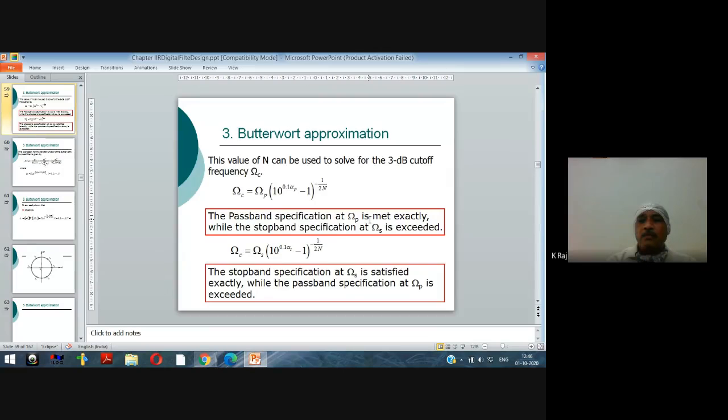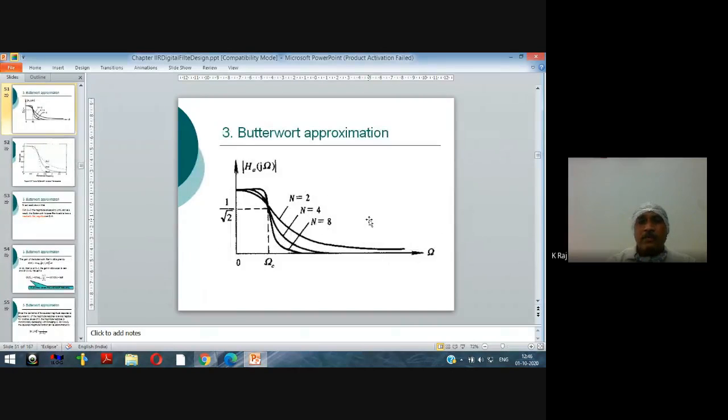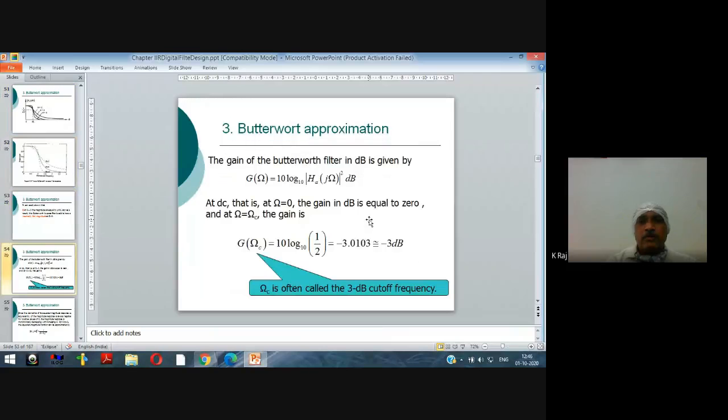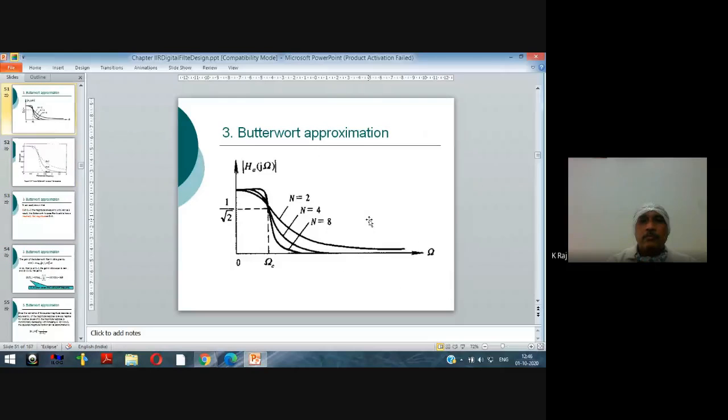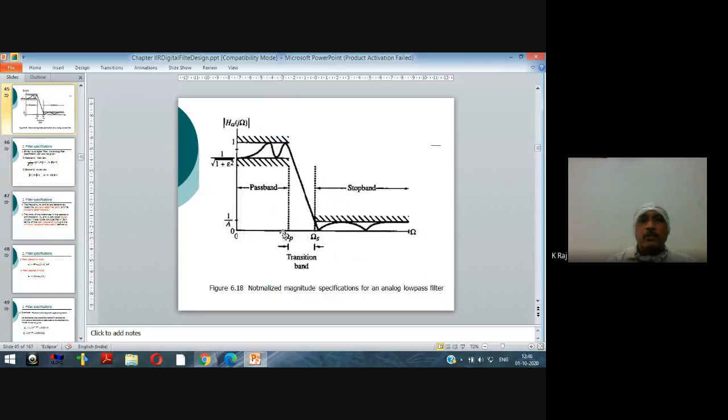I think you are asking what the meaning of this is. See, this is omega p. At omega p, it is just meeting the specification of the passband, meaning it is exactly met.